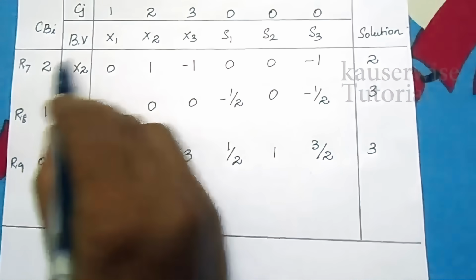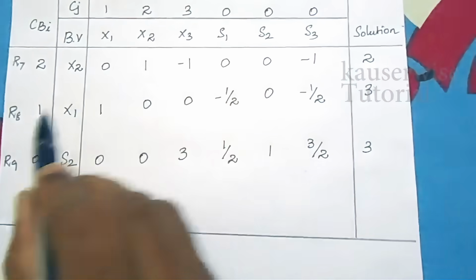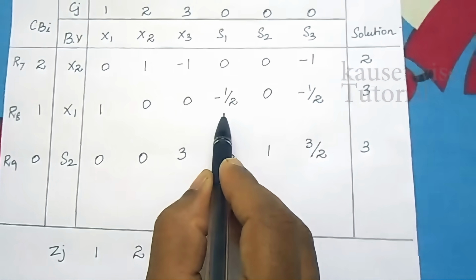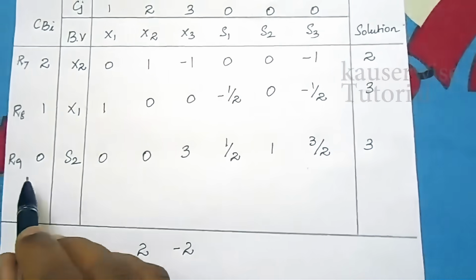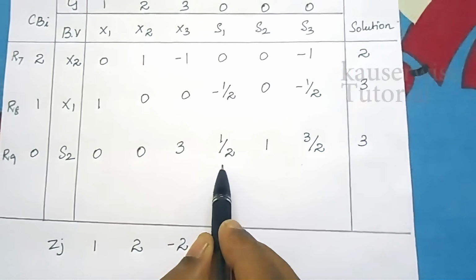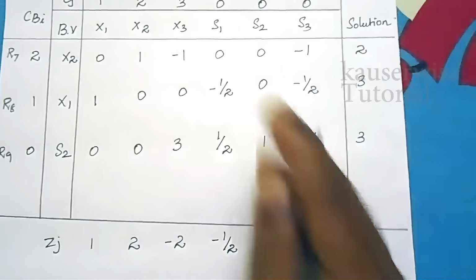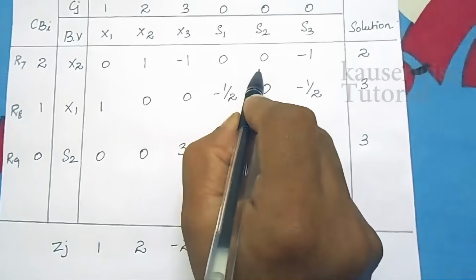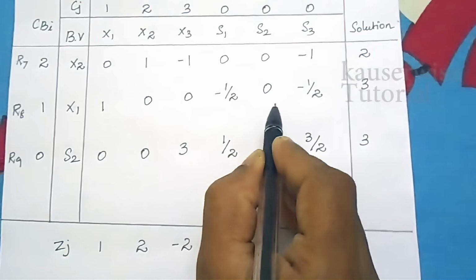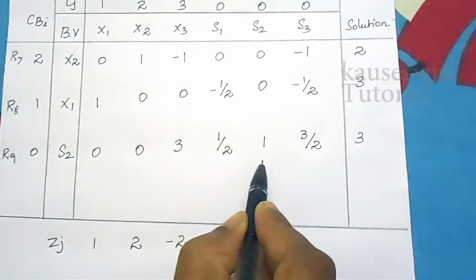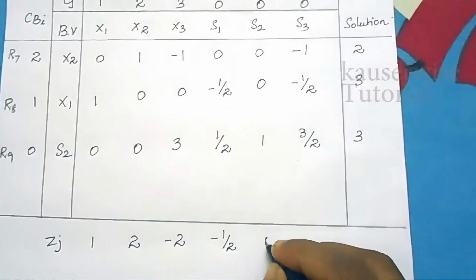For S1, 2 into 0, 0 plus 1 into minus 1/2, minus 1/2 plus 0 into 1/2, 0. So the answer is minus 1/2. For S2, 2 into 0, 0 plus 1 into 0, 0 plus 0 into 1, 0. So the answer is 0.